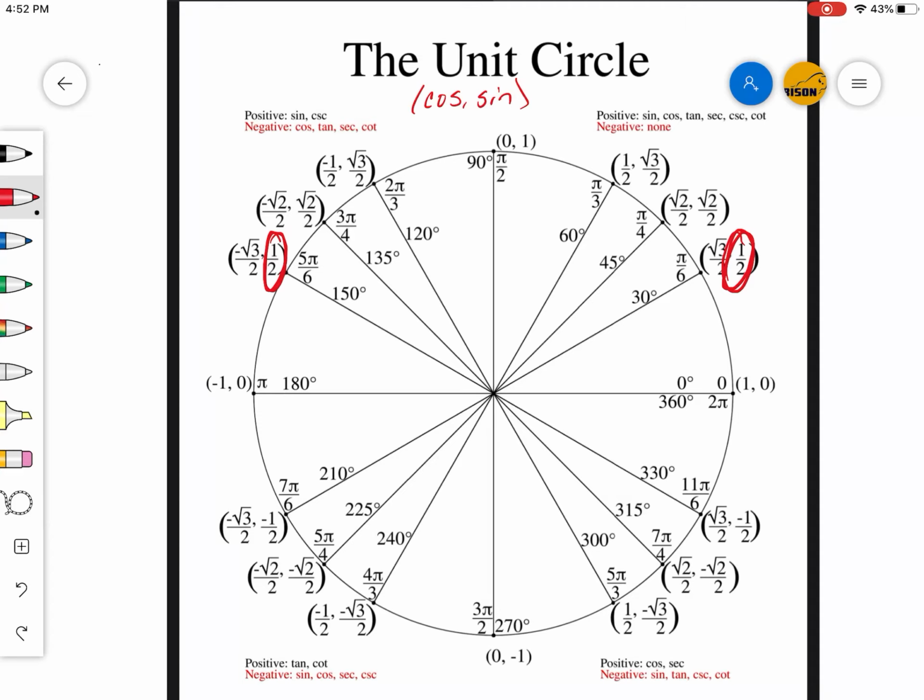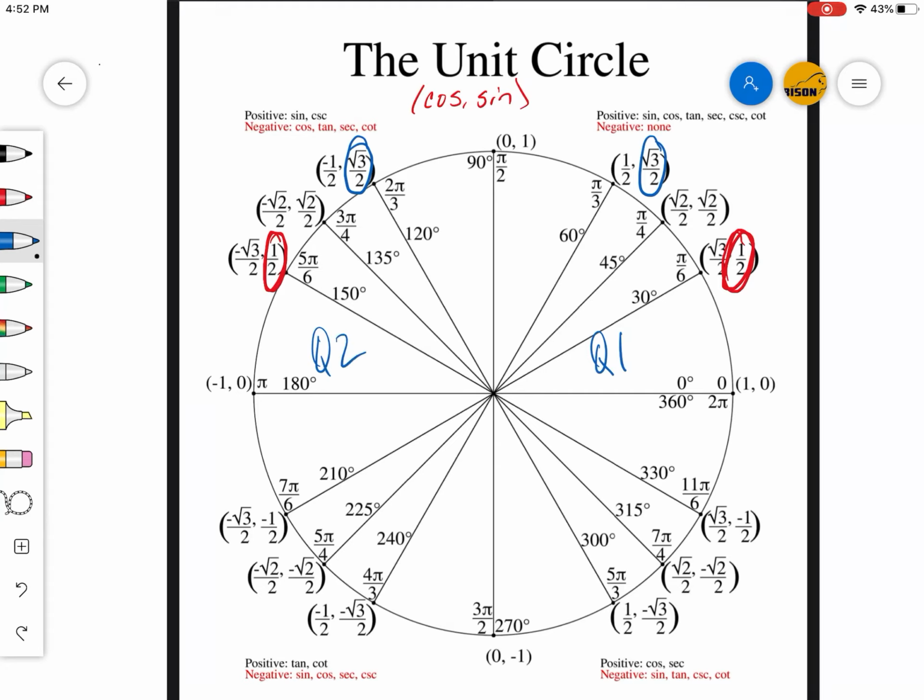You'll notice it works the same way around through here. Sine is square root of 3 over 2 at 2 pi over 3, and it's also square root of 3 over 2 at pi over 3. So sines match in quadrant 1 and quadrant 2.